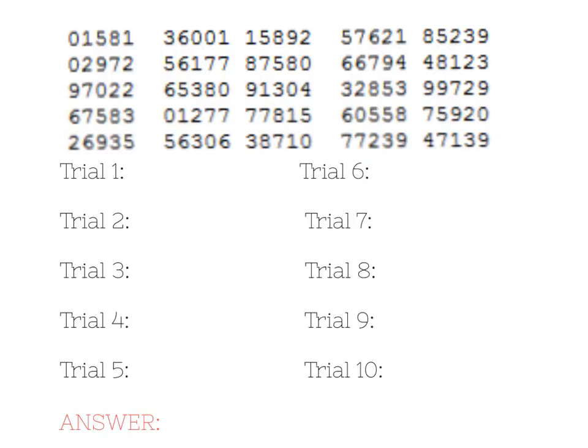Okay, so here is how we're going to do it. Trial number 1, we're basically going to start with the first line, and we're going to go through the first 4 digits. So the first trial, we have 0, 1, 5, and 8. That's where I'm stopping.